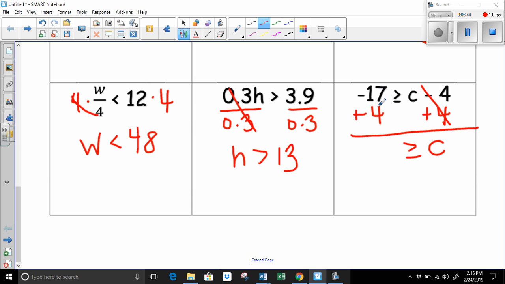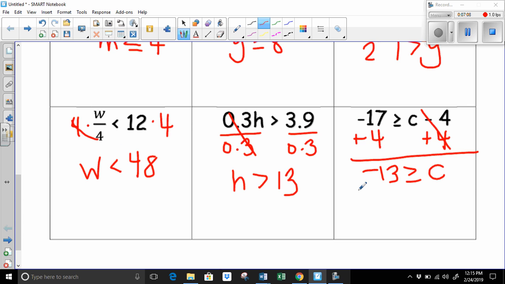If you owed somebody $17 and you gave them $4 to try and get out of the hole, you're still going to owe them $13. And again, if you needed your calculator for this, you would have to do 17, then hit the negative key, plus 4, and then equals, and you would end up with -13 is greater than or equal to c.